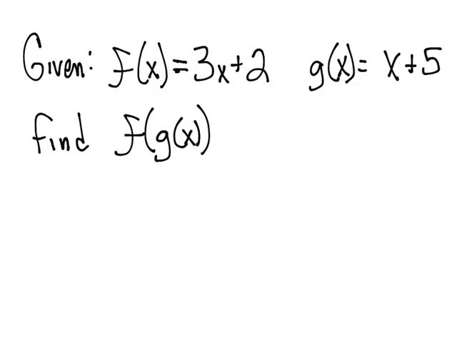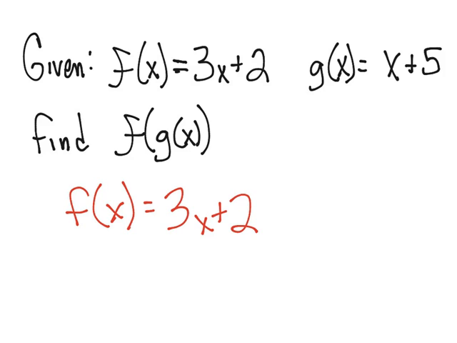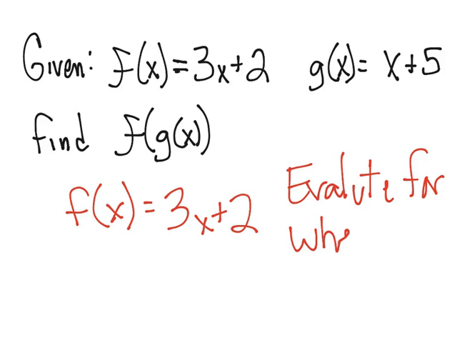Take, for example, this example. We're given the two functions at the top. f of x equals 3x plus 2, and g of x equals x plus 5. And we're asked to find f of g of x. This is the same thing as being given f of x equals 3x plus 2, and being told to evaluate this function for when x is equal to x plus 5.